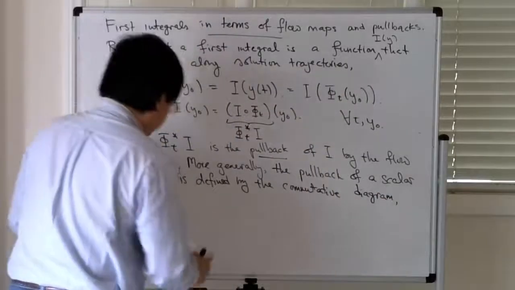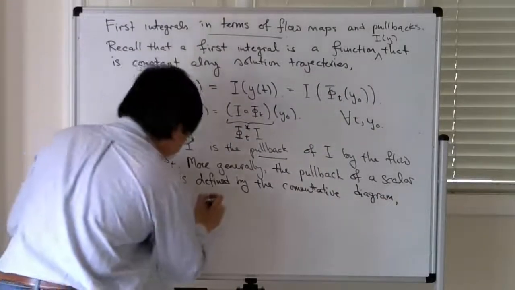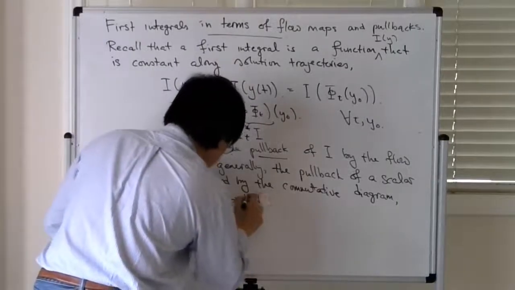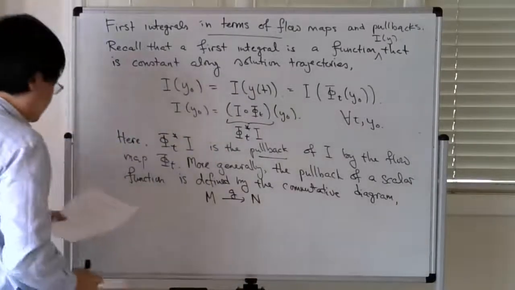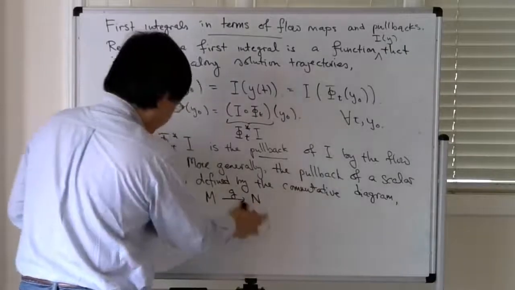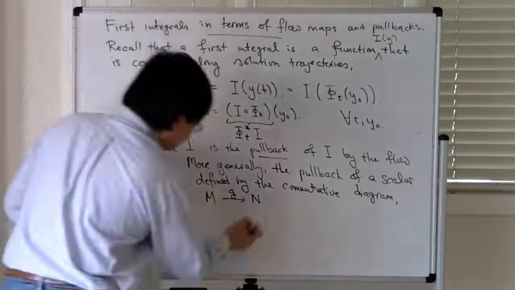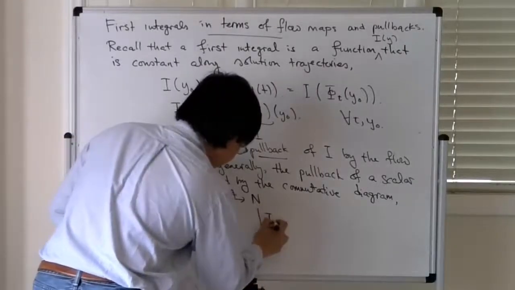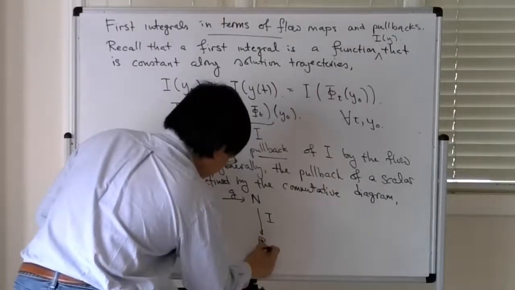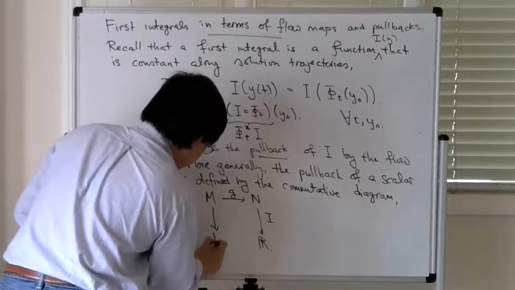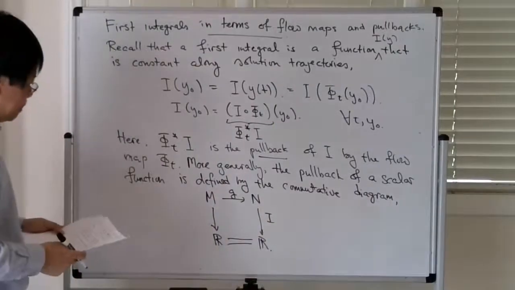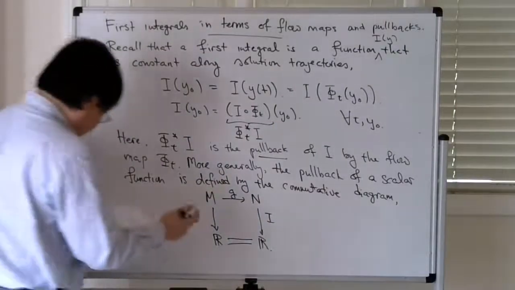Okay, so imagine you have a map from two spaces M to N. Let's call it G. Okay, and then on each of these spaces you have some scalar valued function. Let's call that I.